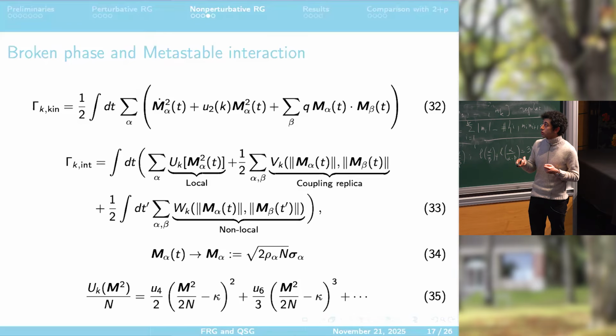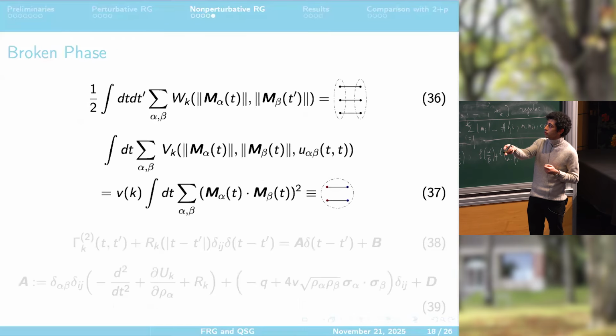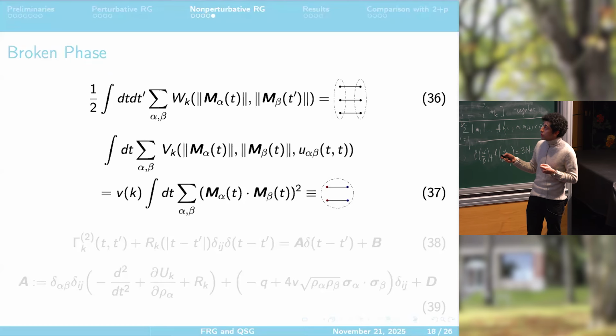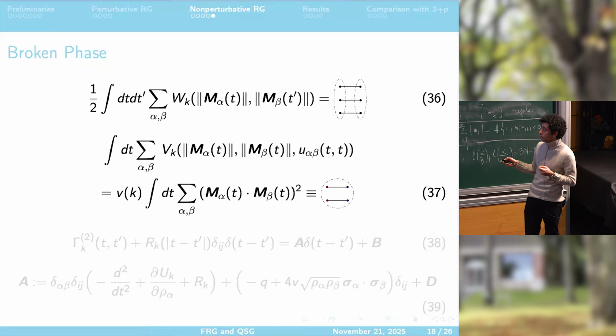So here is another representation of the terms that we look at. We have the bilocal sextic interaction as before, but here we have this replica coupling term, and we choose V as the strength of the coupling.